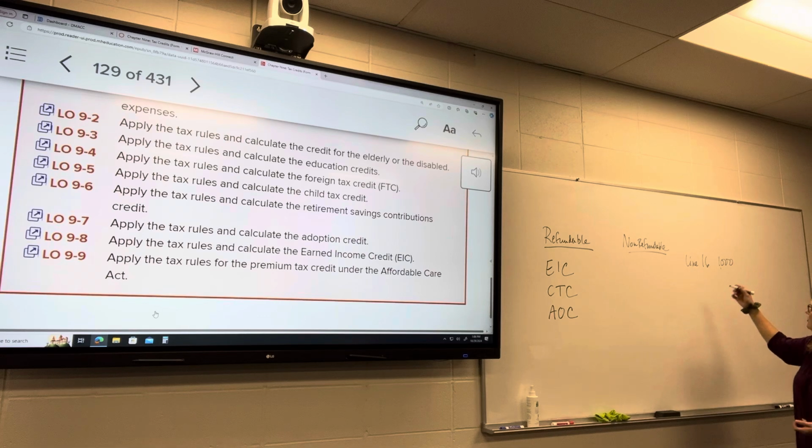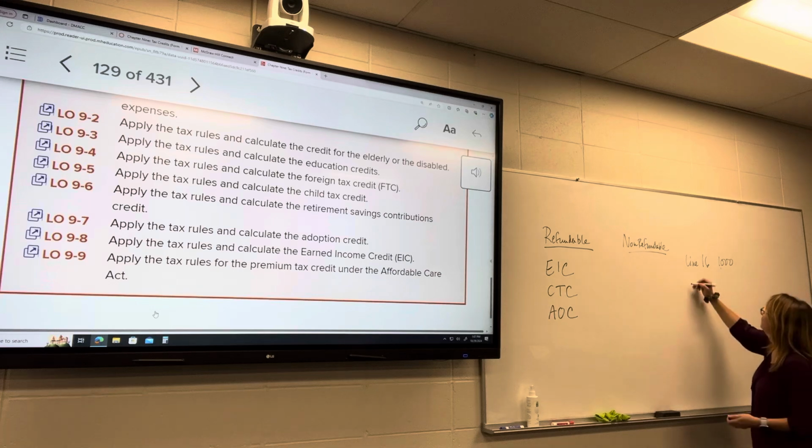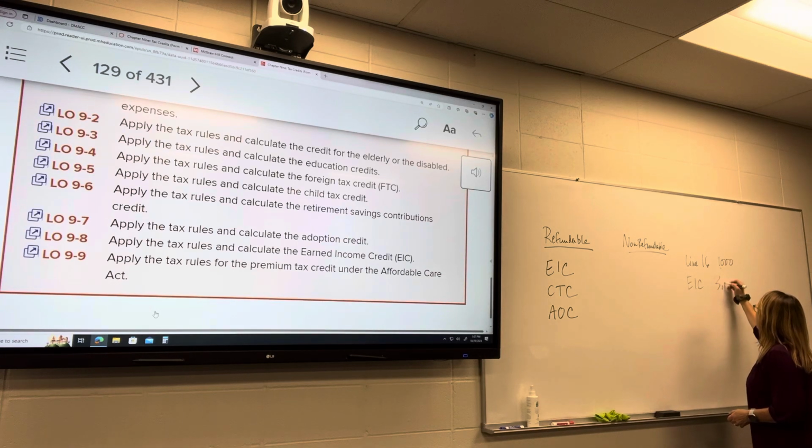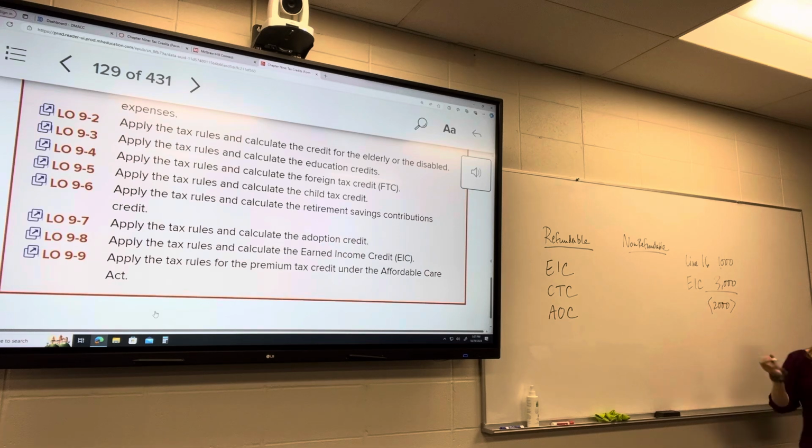With a refundable credit, it acts like a payment. It's treated like a payment that you made, like extra withholding that you had. So you're going to get it back. Let's just say you had an EIC of $3,000, you're going to get $2,000 back. That's assuming you didn't even pay anything in. So it can bring you below zero tax liability, a negative tax liability, essentially.